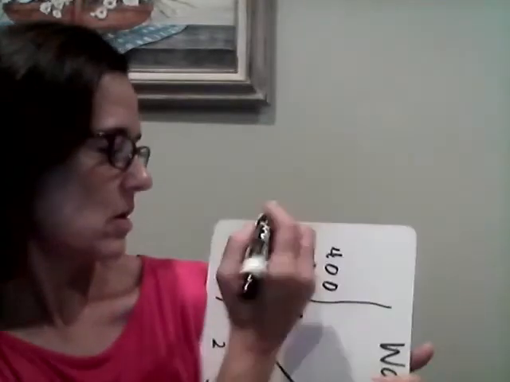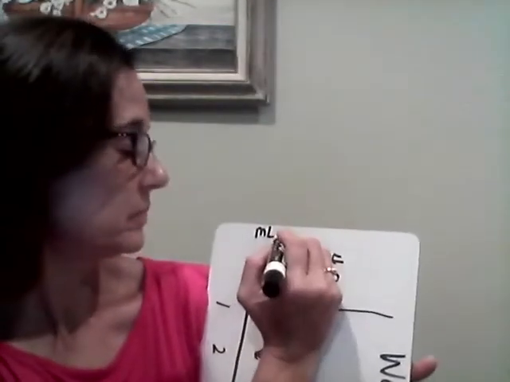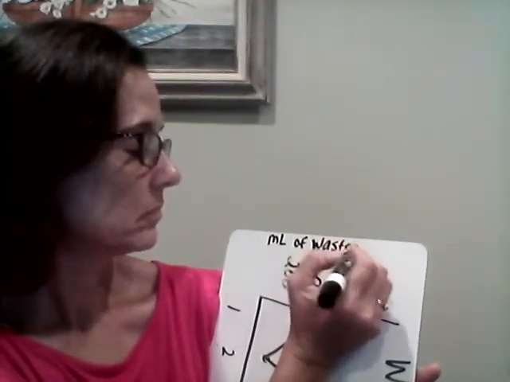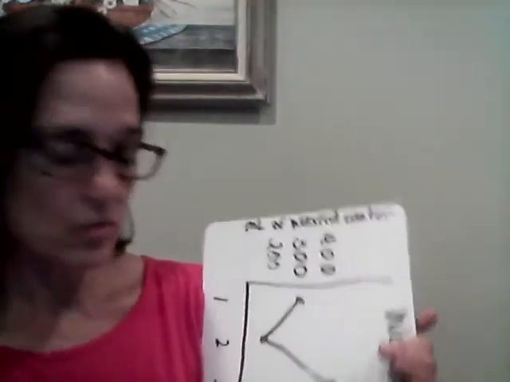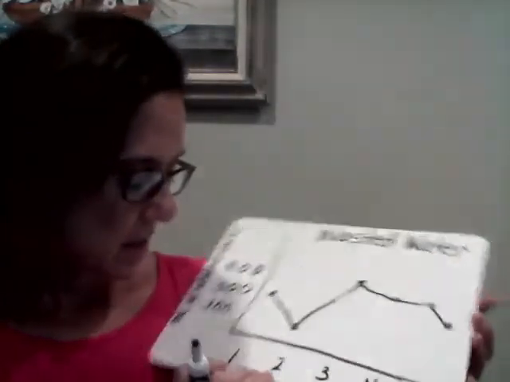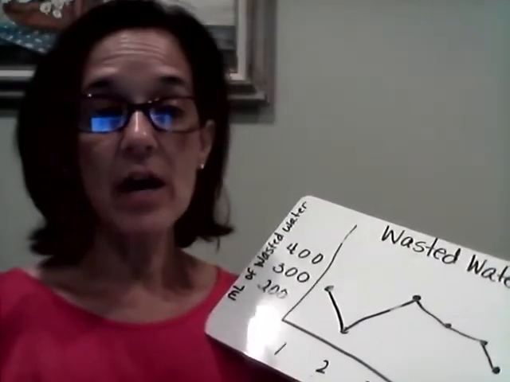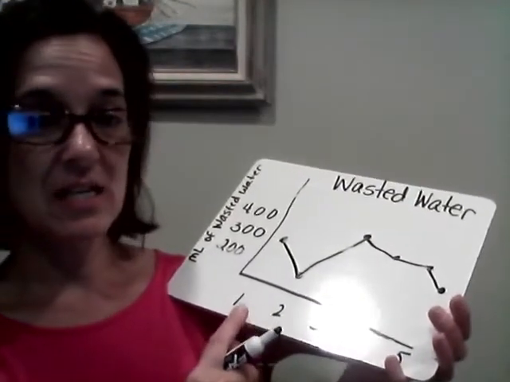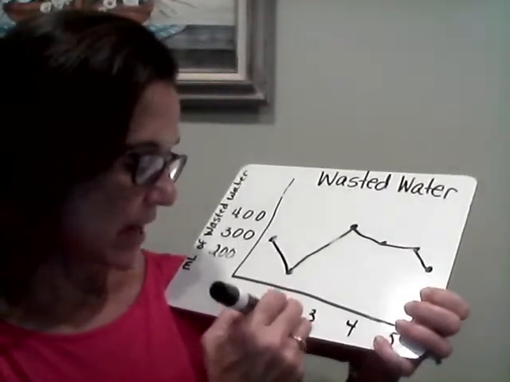So we labeled it over here. Milliliters of wasted water. And at the bottom, these numbers, they were our trials. And they represented 10 seconds apiece. So we said 10-second trials.